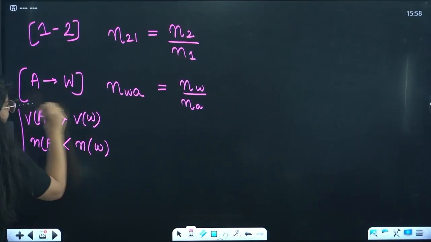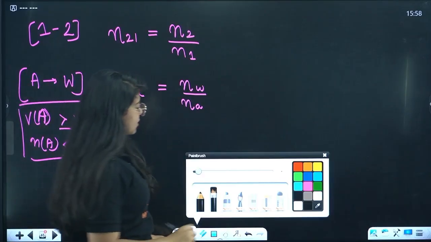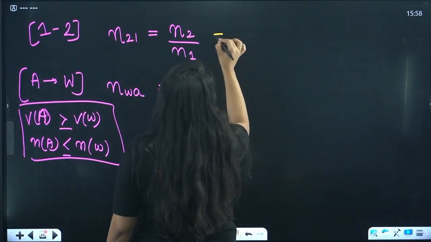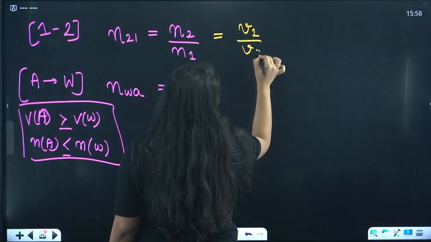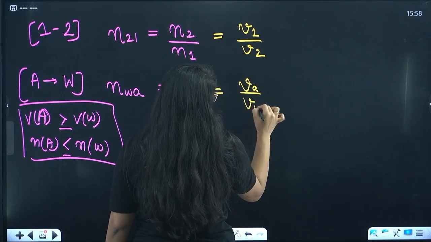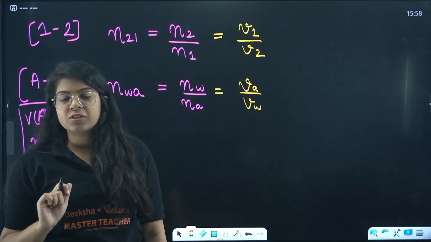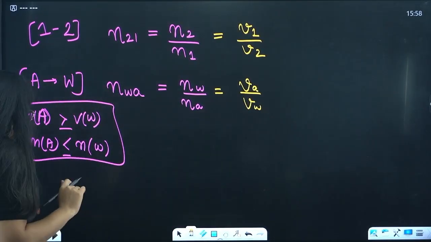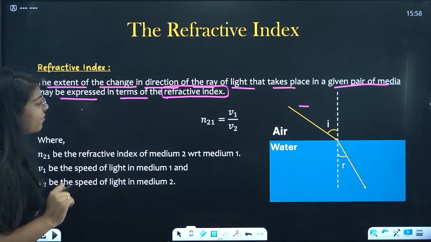So aren't these inversely proportional? So that means beta, when we write the formula, we will write v1 by v2. We will write v of air divided by v of water. Understood? Okay. Next beta, this is the whole formula for refractive index.